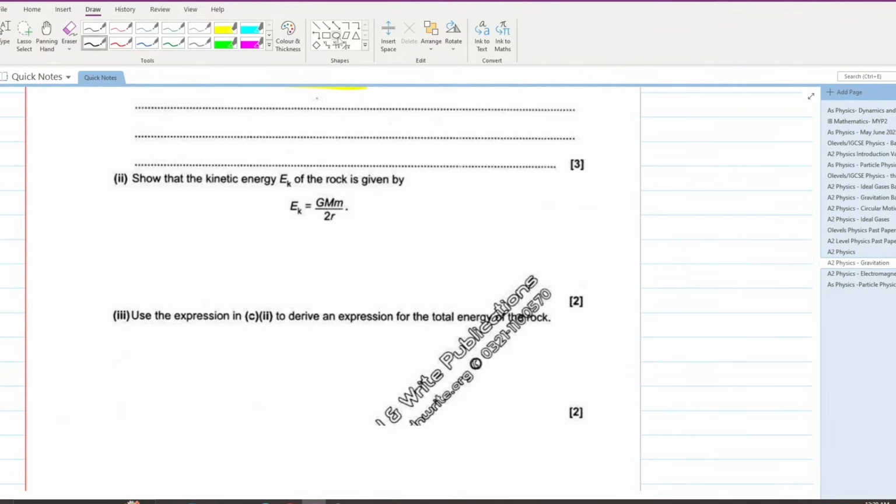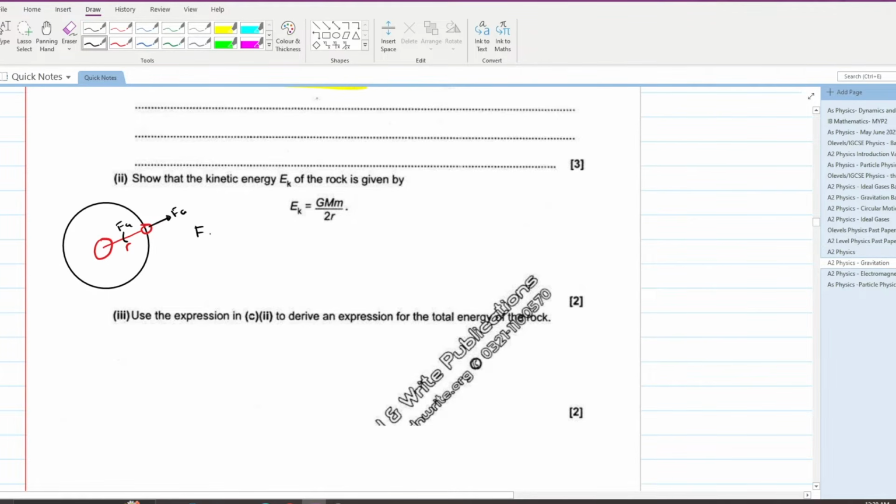Okay. So basically what is happening is you have a rock that is orbiting like this. This is the planet and the total separation between them is r. Okay. So can I say one thing, that the gravitational force is equal to the centripetal force? Yes, I can say that.